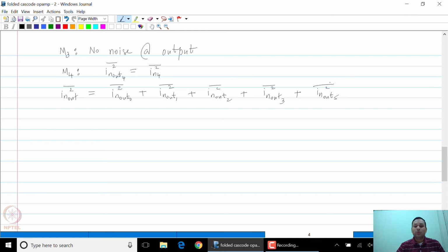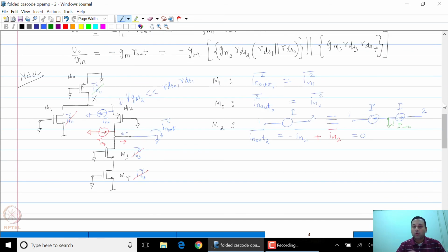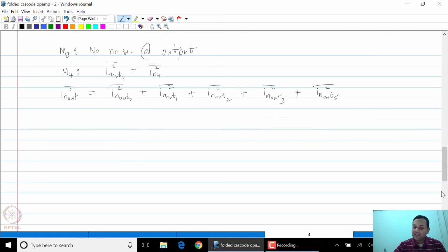So these are the 5 components. We have already established that noise from M2 and M3 are 0. So these two are 0. And therefore, for the cascode, you have 3 sources of noise. So this is IN 0 squared plus IN 1 squared plus IN 4 squared.